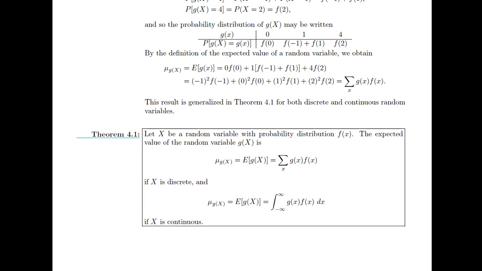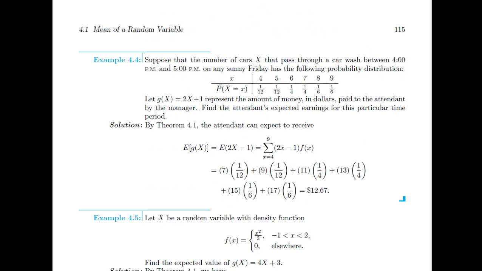The expected value of the random variable g(X) is μ_g(X) = E[g(X)] = Σ g(x) f(x) if X is discrete, and μ_g(X) = E[g(X)] = ∫ from −∞ to +∞ of g(x) f(x) dx if X is continuous.